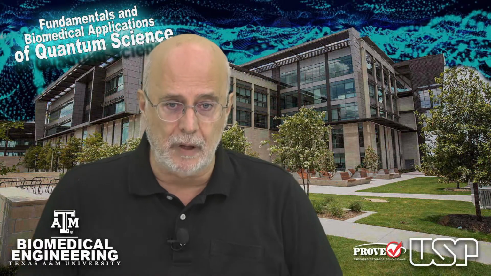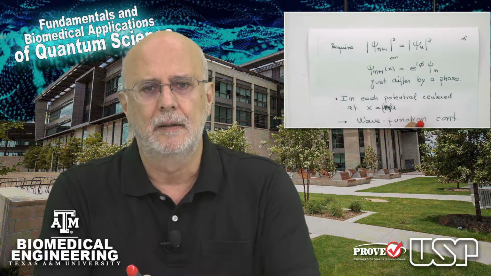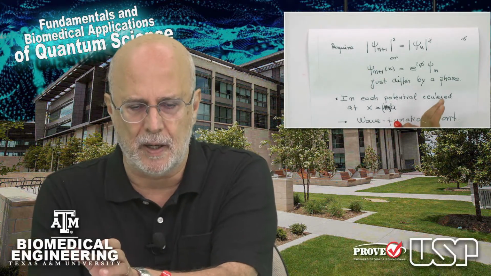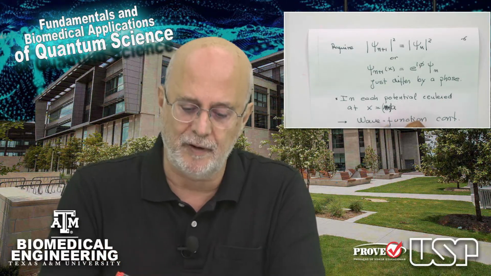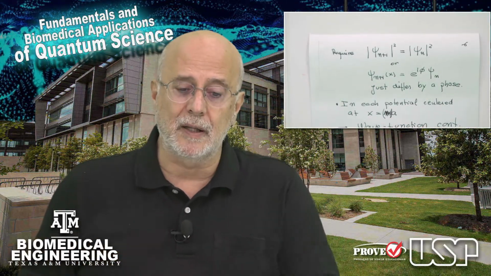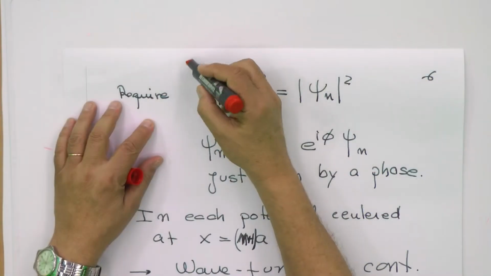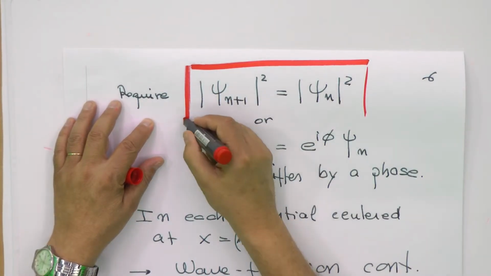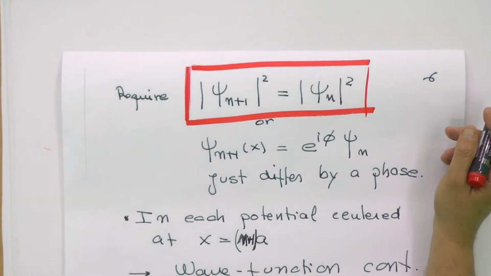So because of the regularity of the potential, when I give a step of 1 in n, if I have any n and I go to the n plus 1 position, I have an equivalent position, so equivalently, we must have the distribution of probability of finding the particle be the same.